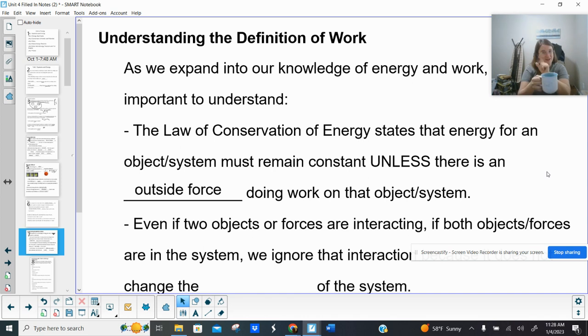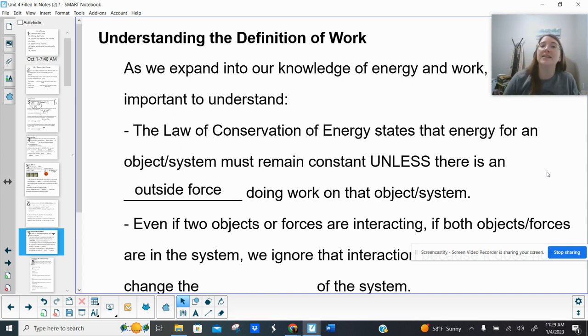Now, however, if I define my system to be the earth and the cup and my hand, there's nothing outside the system. We are actually going to learn that we can calculate the total amount of energy in this system of the cup, the ground, and my hand. And when I let go, that total amount of energy is going to stay the same.